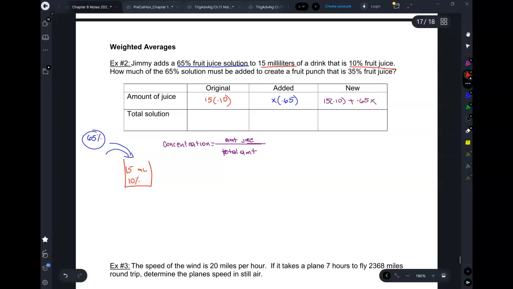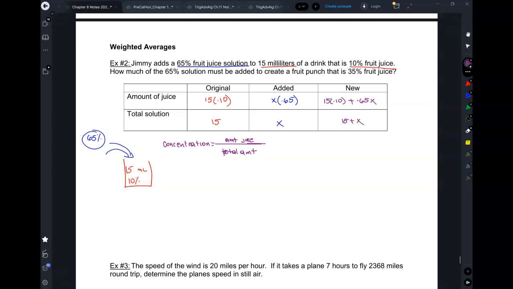Okay, that's the actual juice. Now let's talk about the total solution. In the original, there is 15 milliliters of total solution. How much did we add? We don't know, x amount. Total is 15 plus x.